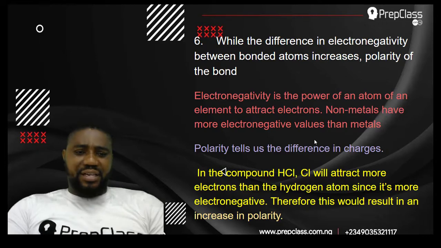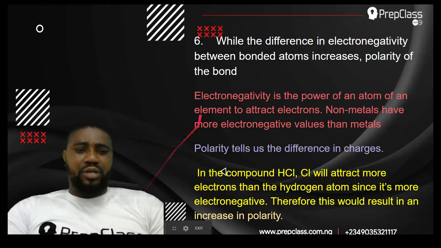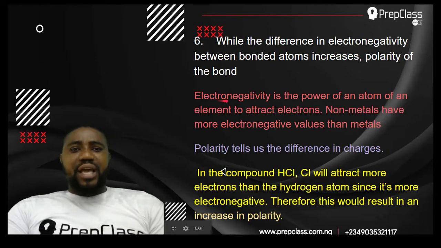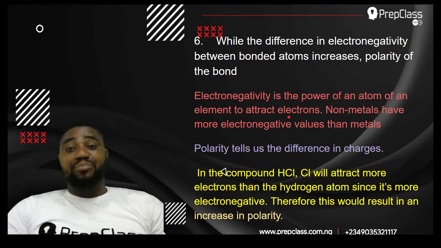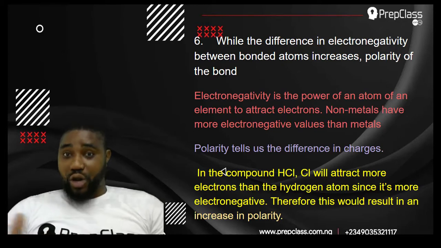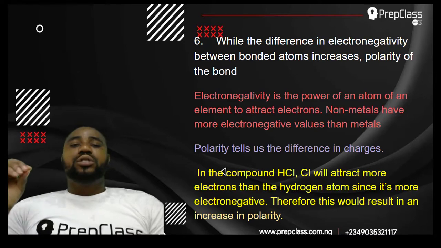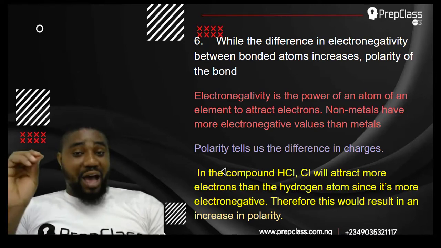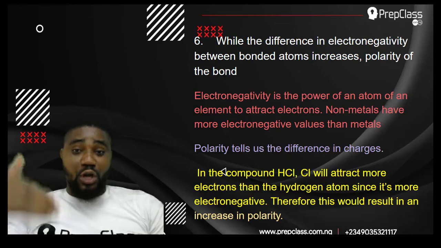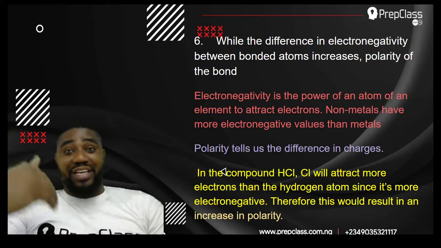Now look at what I said here. I said here that electronegativity is the power of an atom of an element to attract electrons. You must know that atoms of an element can either be a metal, a non-metal, or a metalloid. Now, if an element is a metal, you know that it will have its electronegative value reduced, because metals do not have power to attract electrons.